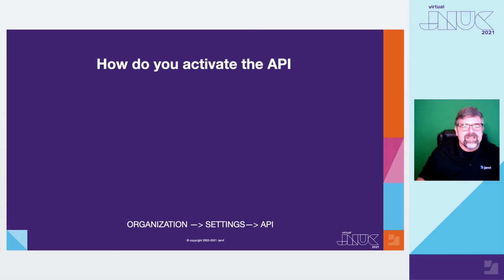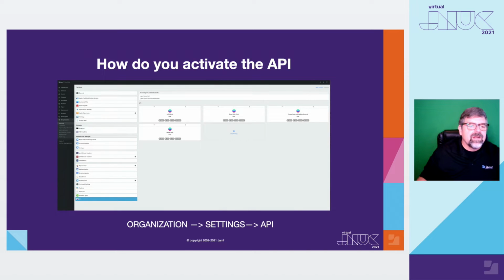So how do we get to that source? Well, first we have to activate our API. To do that, we have to create something called an API key. We can activate our API by going into our Jamf School instance under Organization, Settings, and the API.